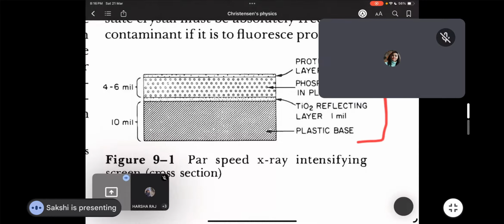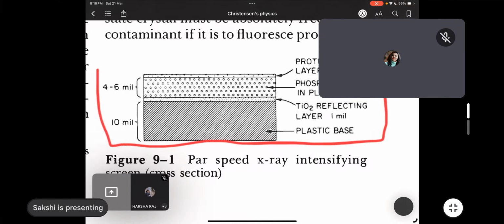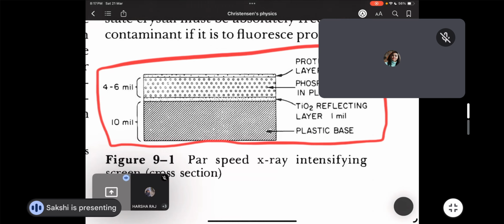Diagram you should make in your notebook. Draw it properly, don't make it roughly. These are very important questions actually. And this diagram is of the par speed X-ray intensifying screen.